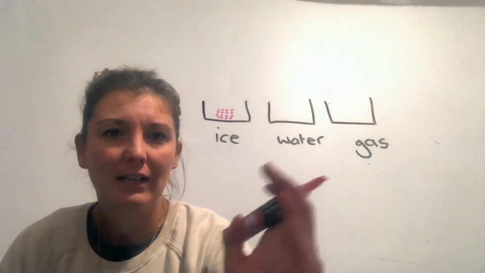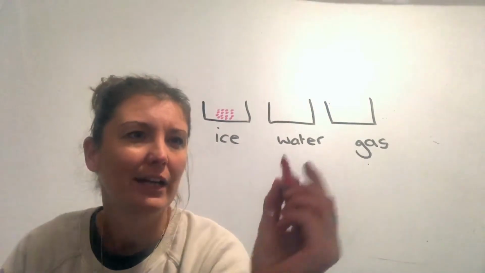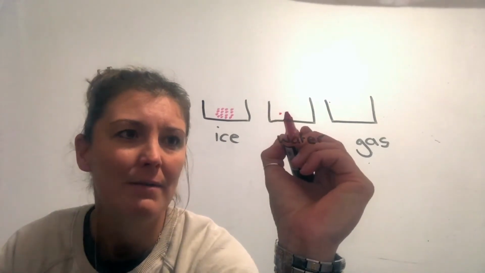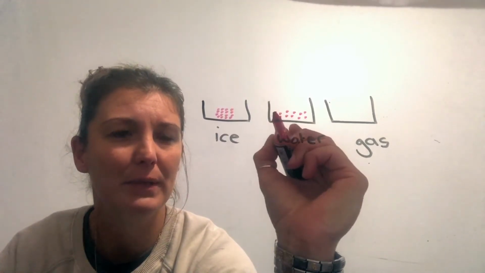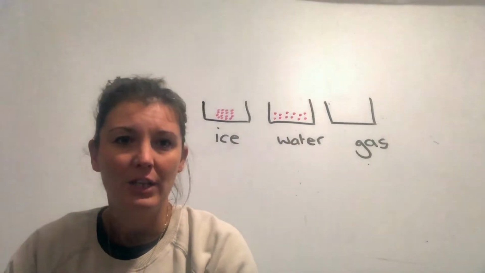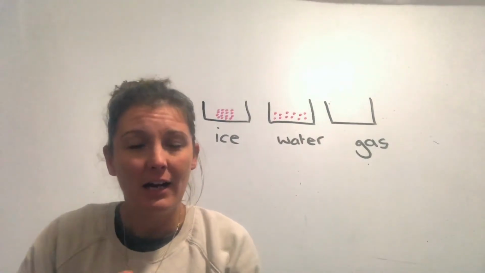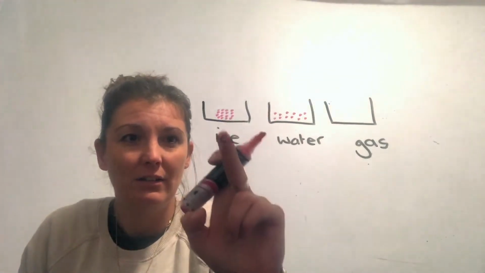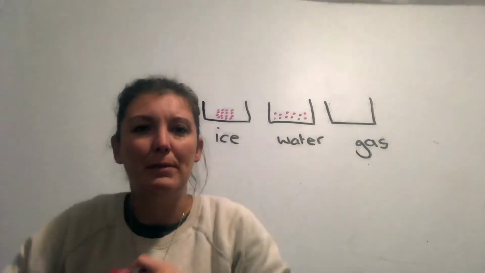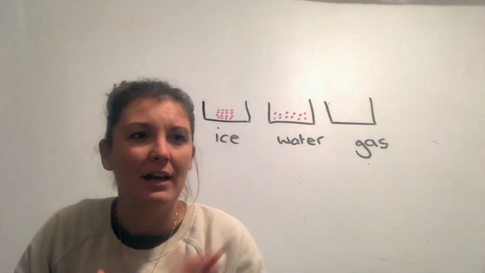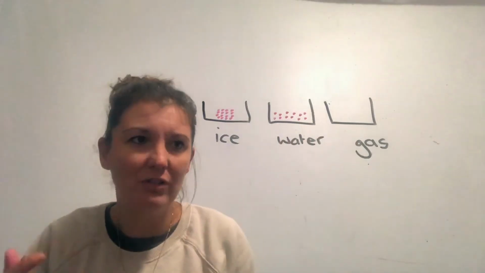Then, when we look at a liquid, we can see that these particles have relaxed a little bit. They're not vibrating closely like this, they're a bit further apart because they're moving a bit more. Okay, so they have a little bit more energy.